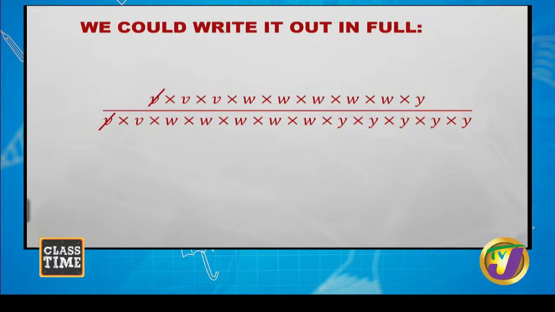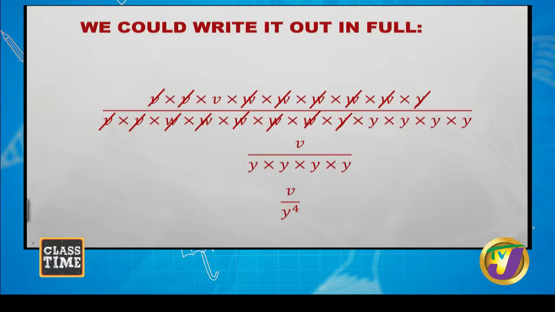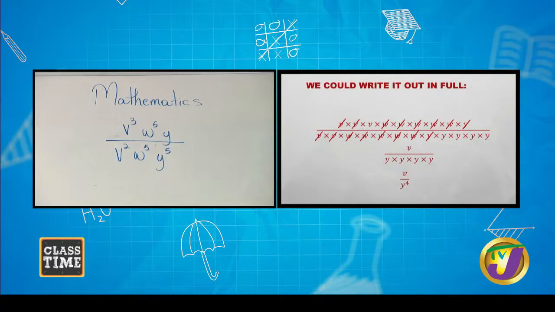We look for common factors. V is common to both numerator and denominator, so you factorize where possible. This is my answer: V all divided by Y multiplied by Y multiplied by Y multiplied by Y. And we can simplify that to be V divided by Y raised to the 4th power.